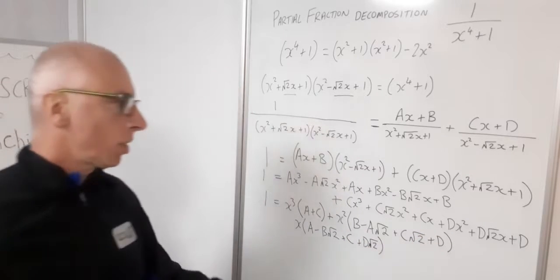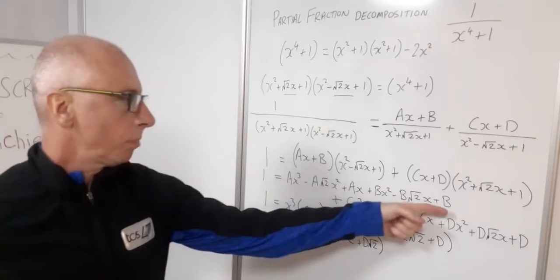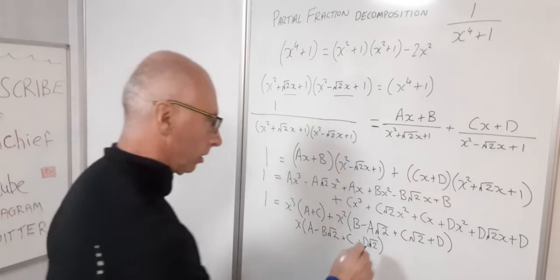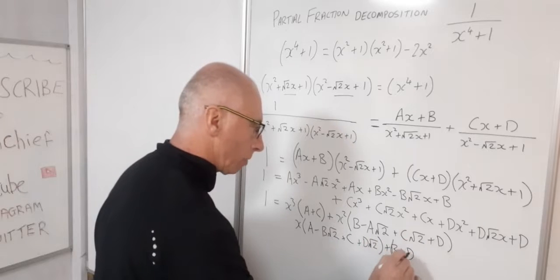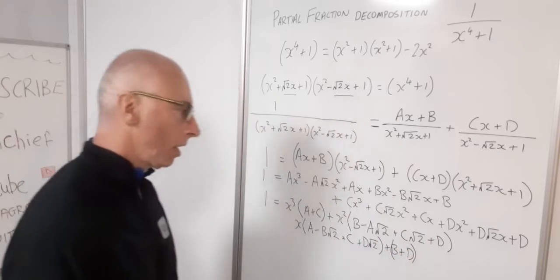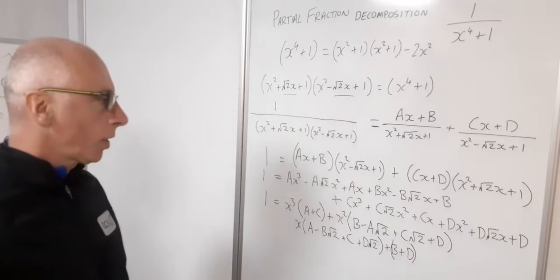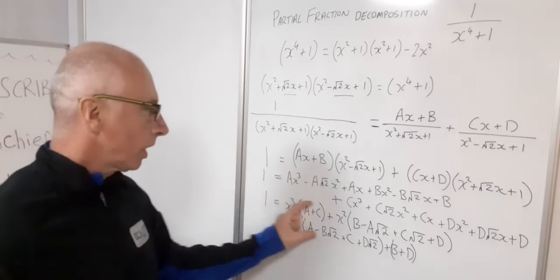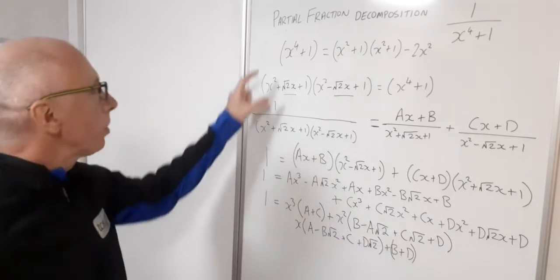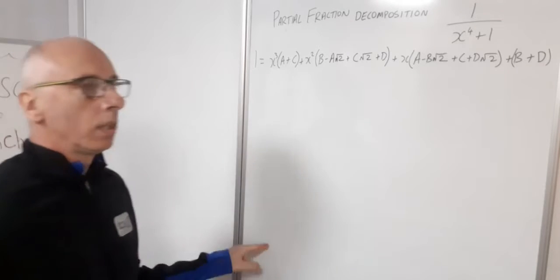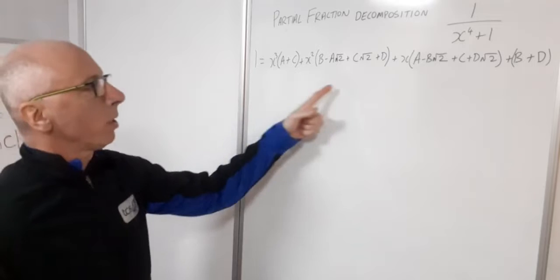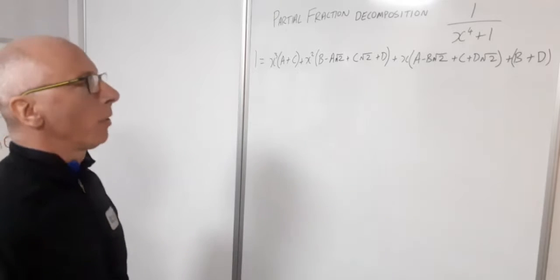And then my constant terms is just b and d. So I just put them in brackets just to keep it simple. Okay, so now I'm going to take this up to the top and continue with that from there. So now we're all set up, ready to find corresponding coefficients.